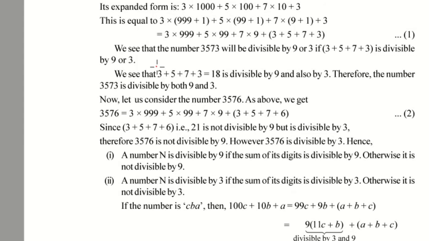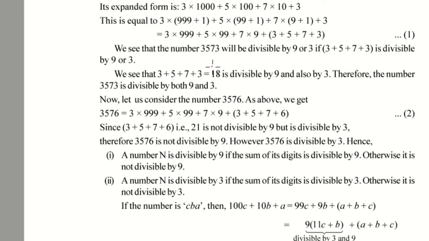We add the individual places: the unit place, 10's place, 100's place, 1000's place and so on. After adding these individual digits, 3 plus 5 plus 7 plus 3, the sum is 18. Is 18 divisible by 9? 9 one time, 18 two times. Yes, 18 is divisible by 9.